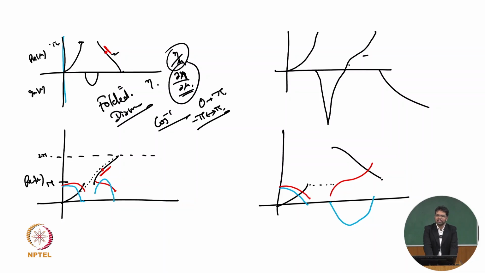The most crazy thing, the group velocity becomes negative. That means what? Exactly. The energy is moving in the opposite direction.